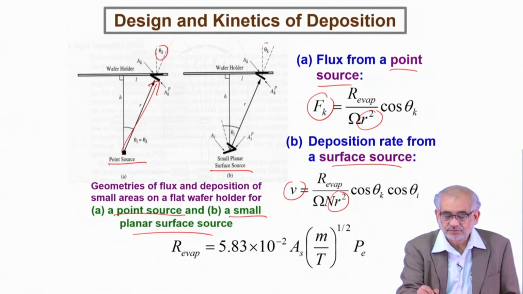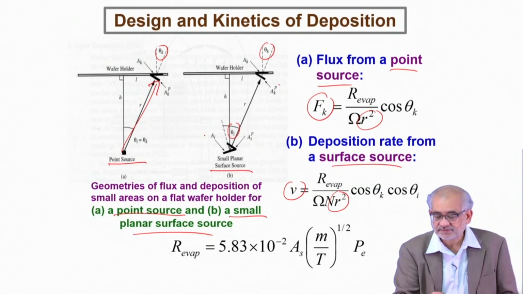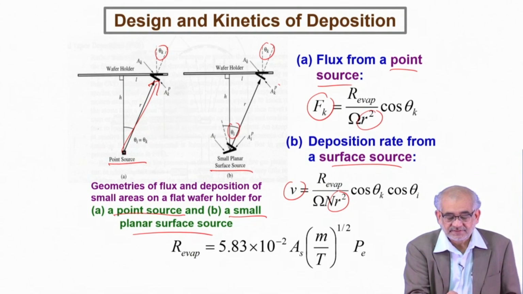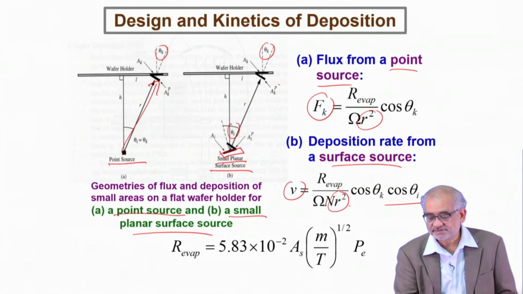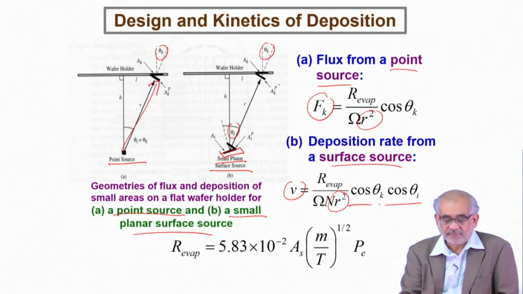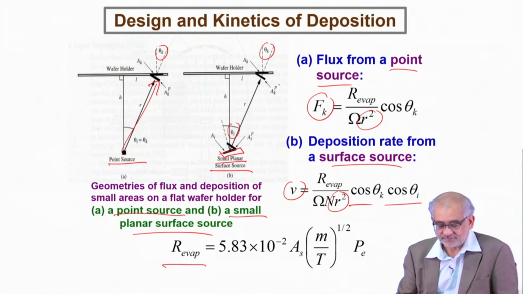Here it depends both on theta k as well as theta i, because a point obviously cannot cover a wider area, but if the source is not a point but has a certain surface area, then obviously it can cover a wider area, and that is seen here. The overall evaporation rate, of course, will depend upon the mass and the temperature of the material.